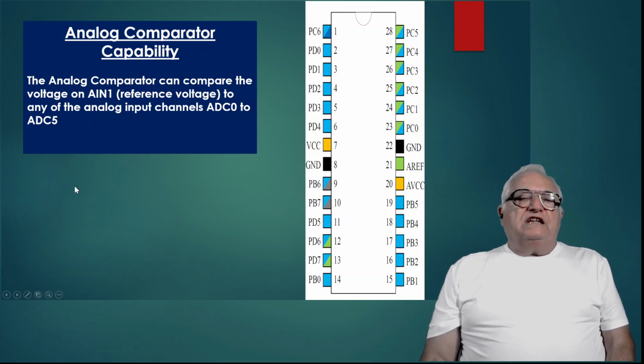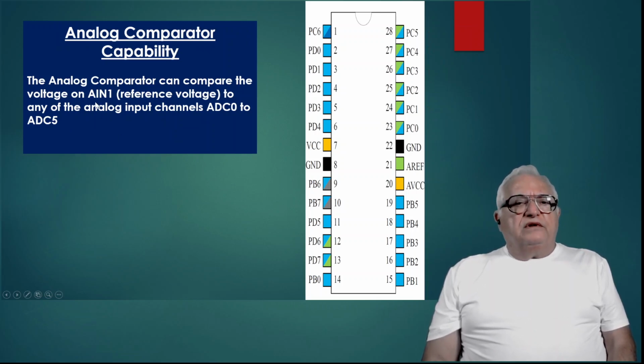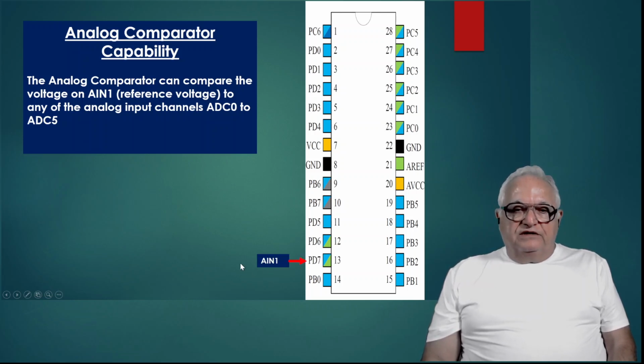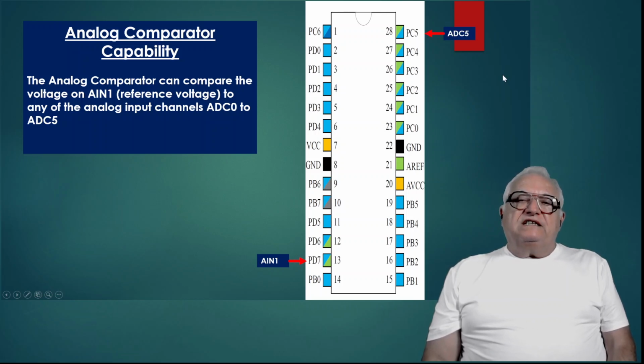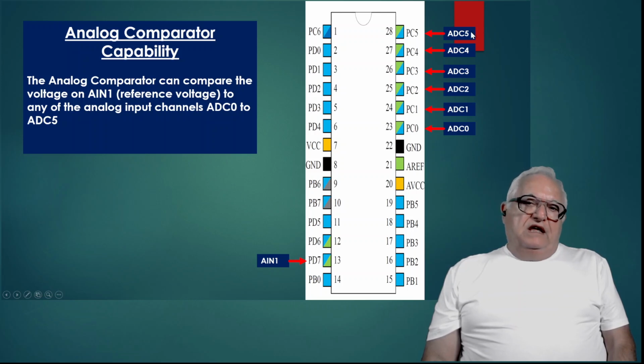Now, the analog comparator can compare the voltage on the reference voltage, which is AIN1, to any of the analog channels ADC0 through ADC5. So what does this mean? It means that I can set up my reference voltage here, AIN1, and then I can configure any of these inputs to be the input variable voltage which I'm monitoring.